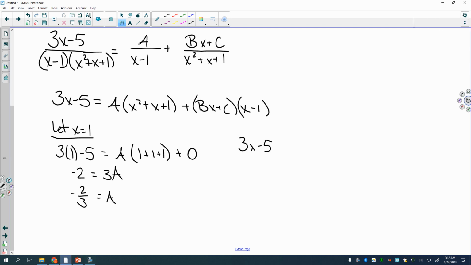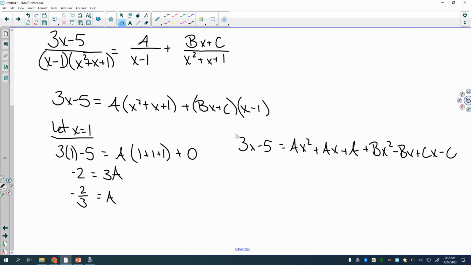I'm going to distribute that A through, and just do the double distribution here with the Bx plus C and the x minus 1: Bx squared minus Bx plus Cx minus C. Now I'm going to group some stuff here.